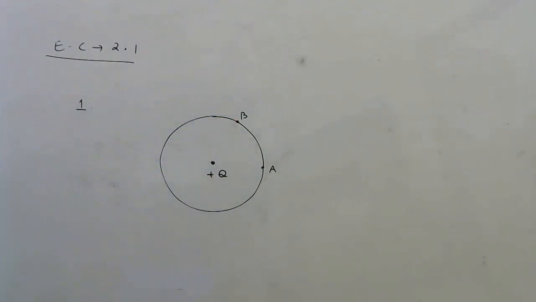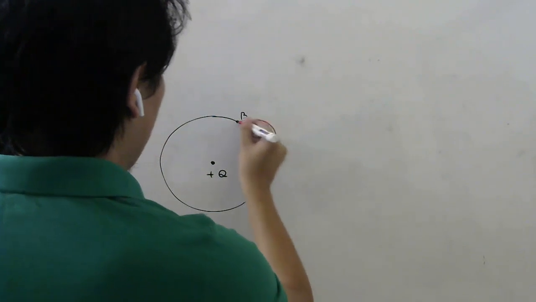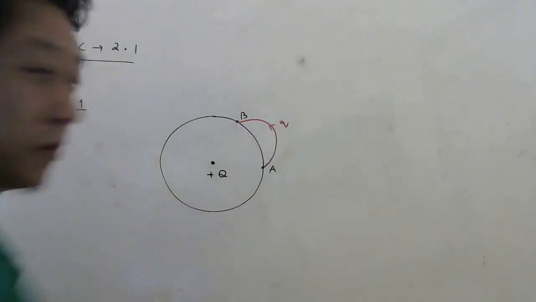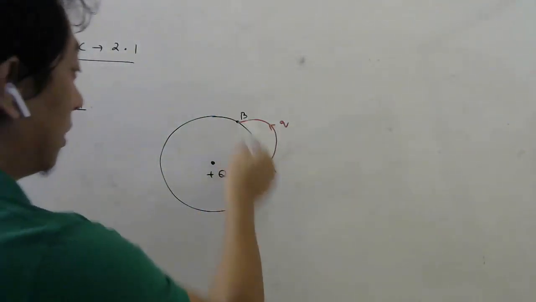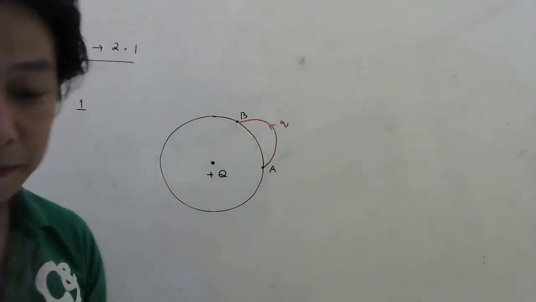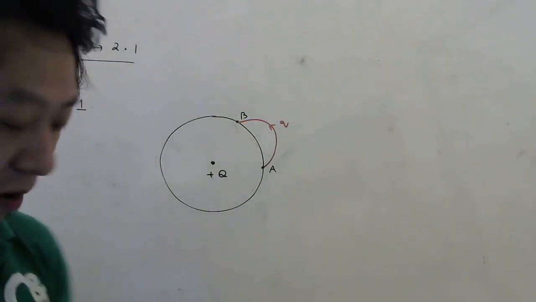Whether it is along this circle or this path or this path, the path is not important. I'll let you know now why.